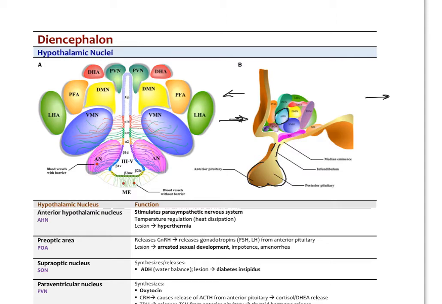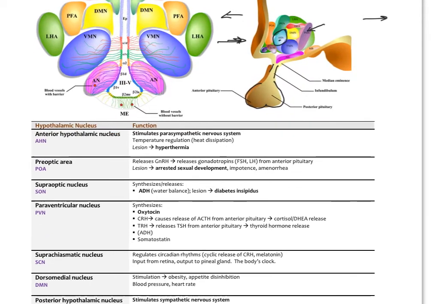regions of the hypothalamus. So the anterior hypothalamic nucleus, this is our major parasympathetic nervous system regulation area. So this is involved with actually dropping your body temperature with heat dissipation. So lesions here would result in hyperthermia. The posterior hypothalamic nucleus over here, and this is down here on the table.